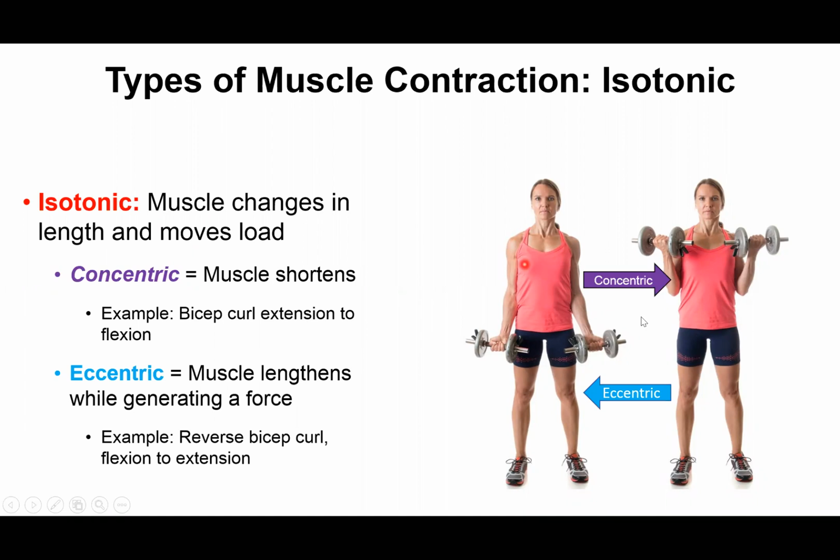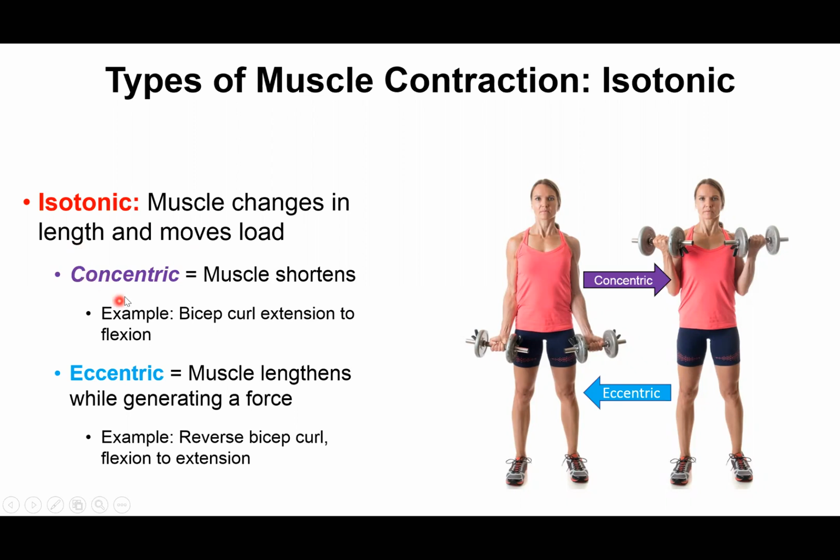I put in this picture to give you an idea of the two types of isotonic contraction. Isotonic means same tone, same muscle tone. That means you're using the same amount of strength to move the load, but the length of the muscle is going to change.